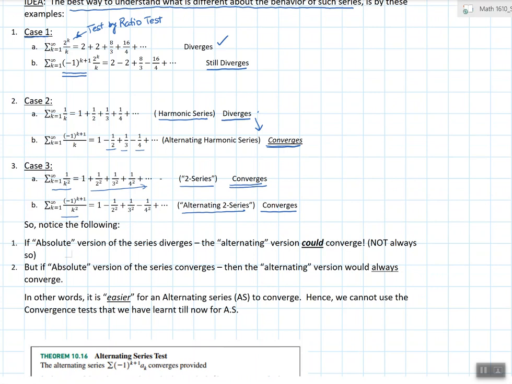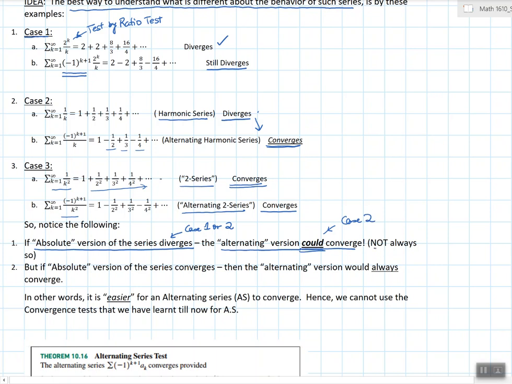So what we noticed here is, if the absolute version of the series diverges, like for example case 1 or case 2 above, the alternating version of it could converge. So that was case 2.